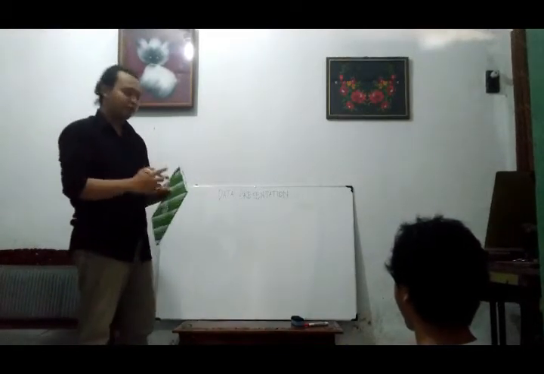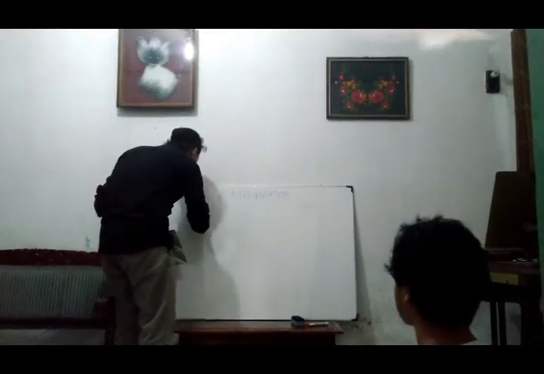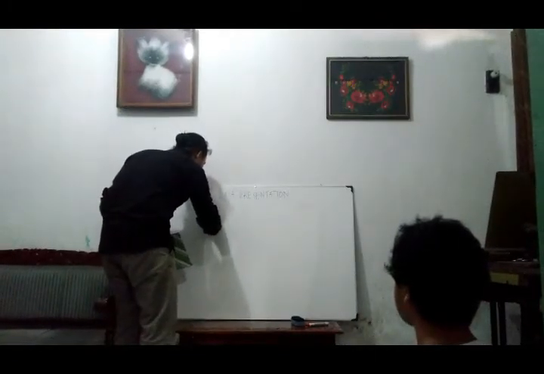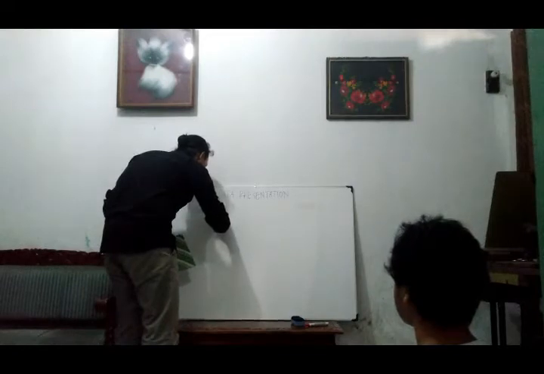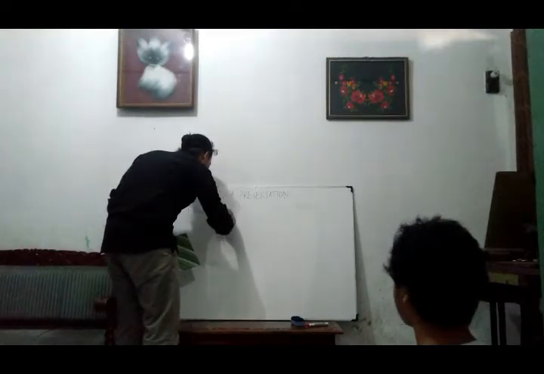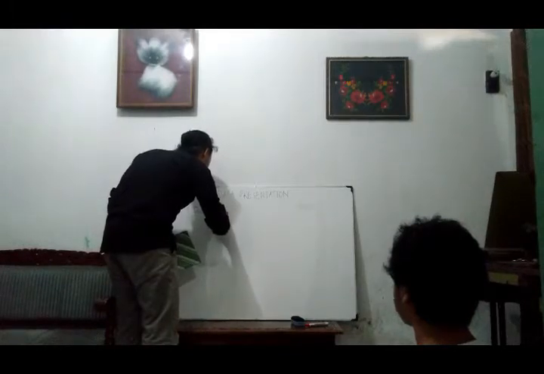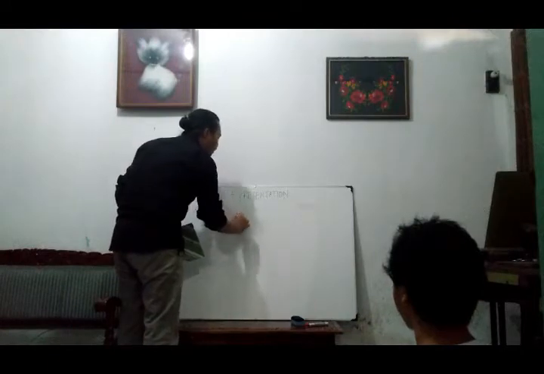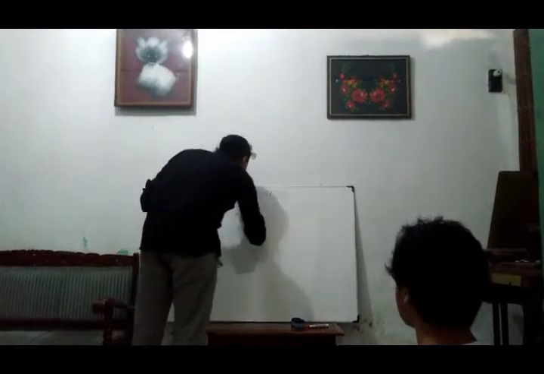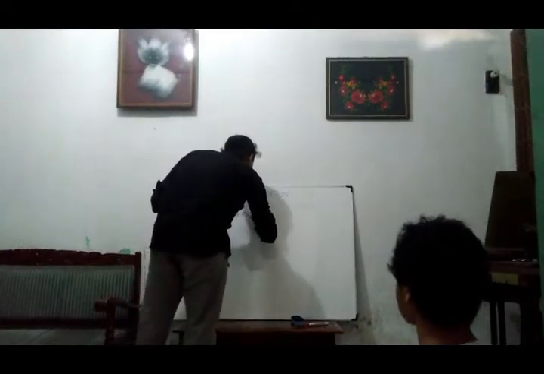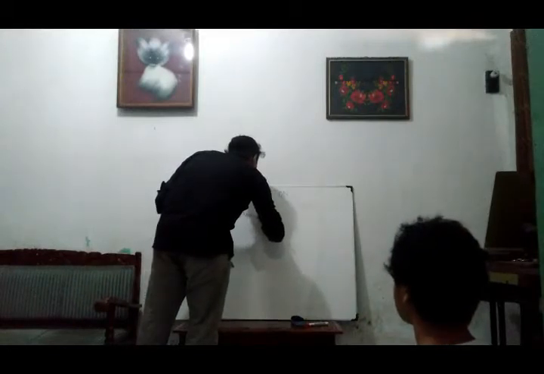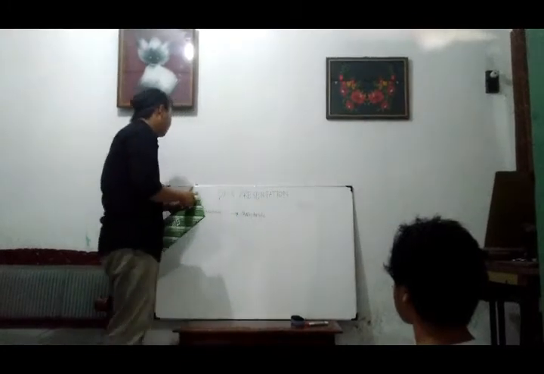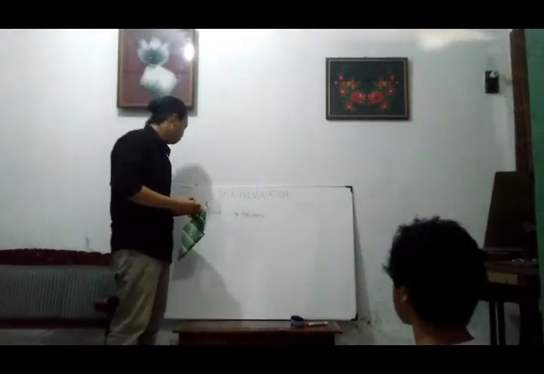Then there are two types of data. The first type is qualitative. Qualitative data show us the characteristics, so qualitative data cannot be measured by numbers.